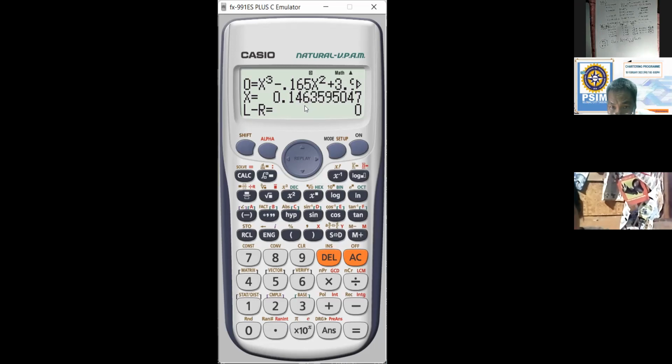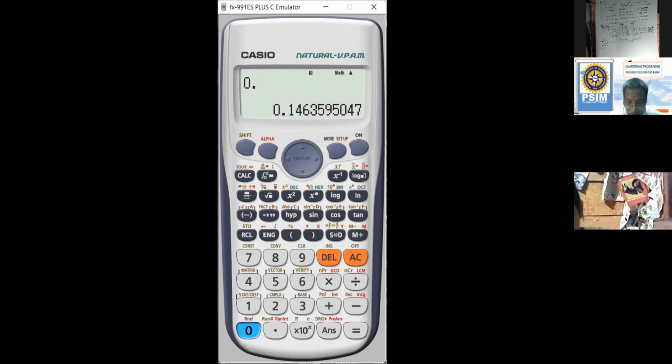So therefore, let us use it again, but start with not 0.5, 0.05. If you are using 0.5, the answer is 0.146.